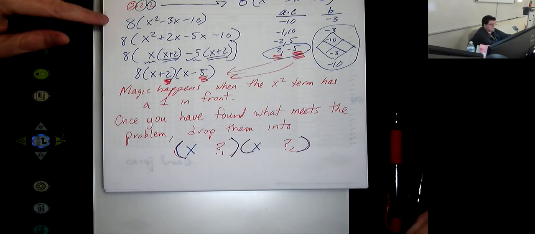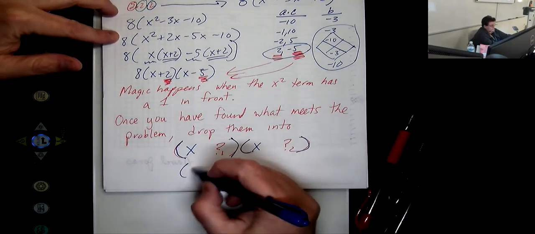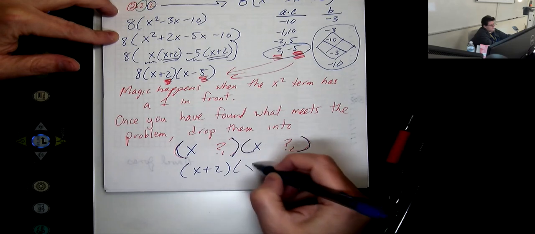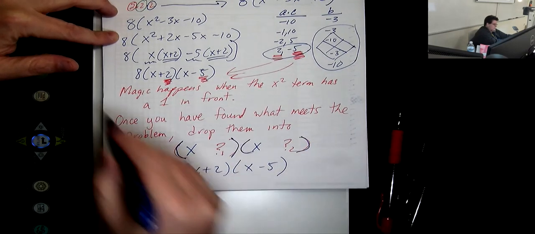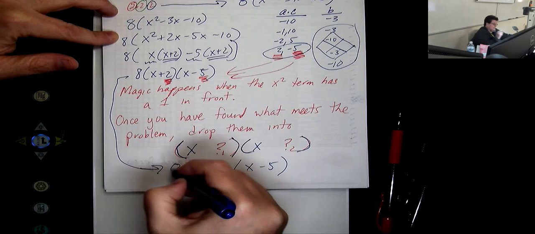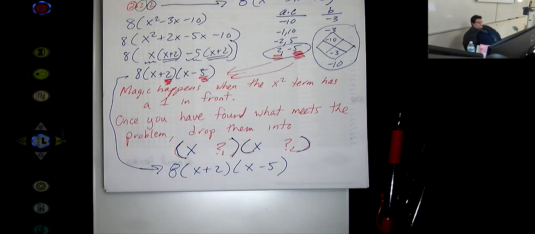If I do that here, I had 2 and -5. I drop those in, I have x plus 2 and x minus 5. And I still got to remember I had the 8. So some magic happens when the x squared term is 1.